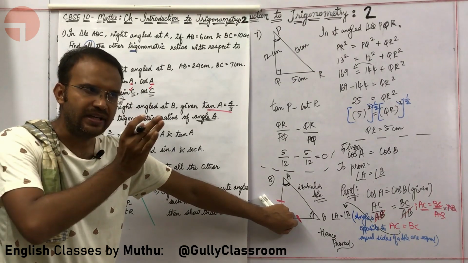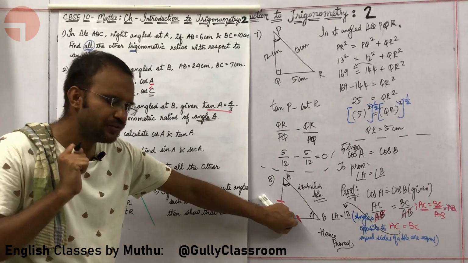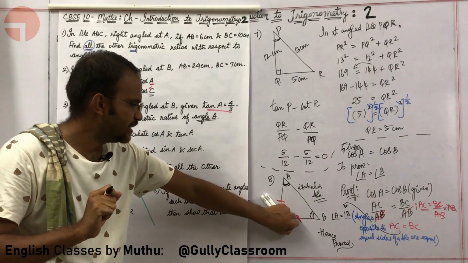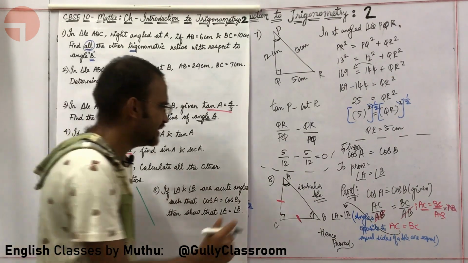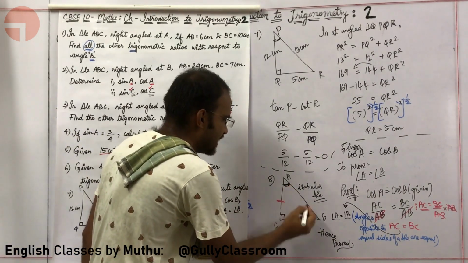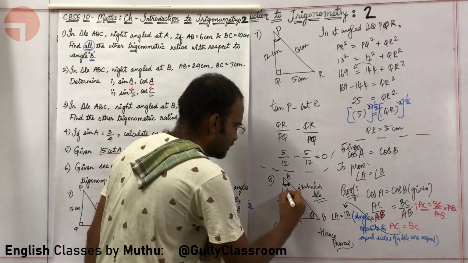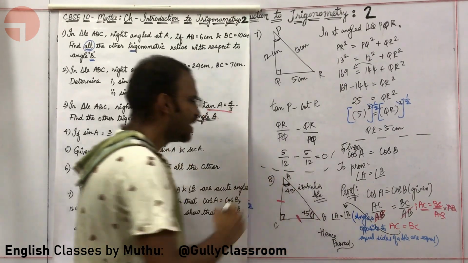You are left with 90. That 90 is equally shared between this angle and this angle, because both of them are the same. So this is going to be 45 degrees, and this is going to be 45 degrees.